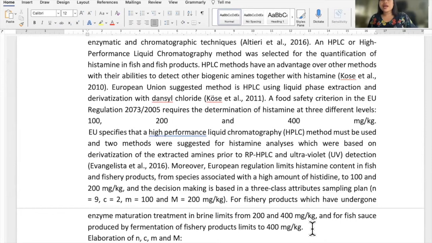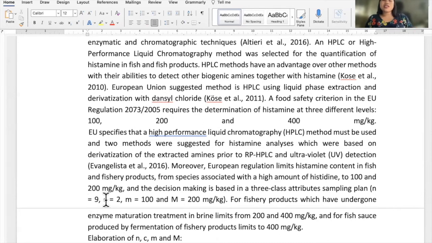So dapat, as much as possible, the histamine content of your product should always be below 200 milligrams per kilogram of your sample. So meron tayo ditong N equals 9, small n equals 9, small c equals 2, small m equals 100, and capital M equals 200 milligrams. So the small n here is the number of samples taken.